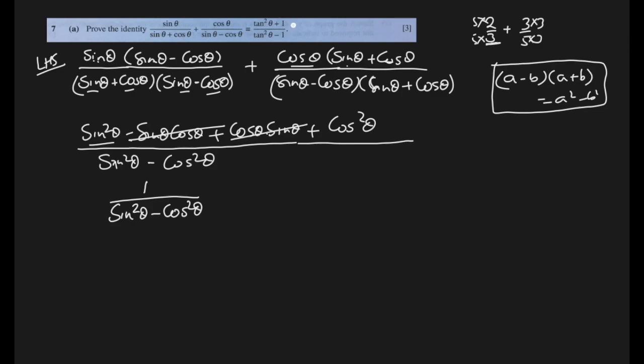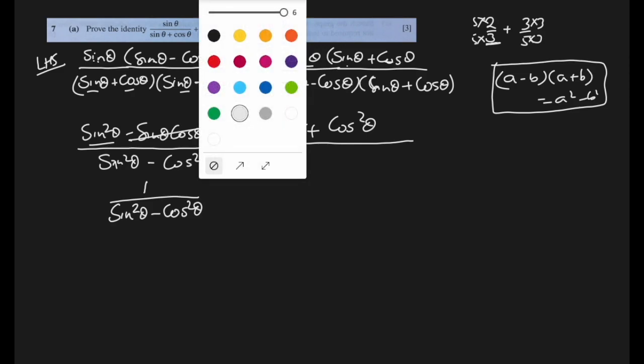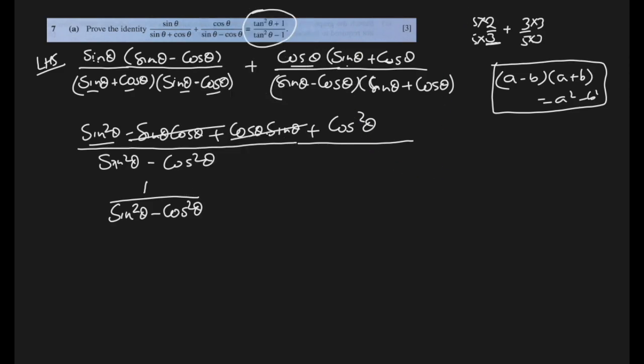However, it does not match what they want. They want this. So don't worry. We can divide both sides by cos square theta. Both numerator and denominator I am dividing by cos square theta. In place of dividing the whole thing, I am writing it under each one, which is allowed, right?